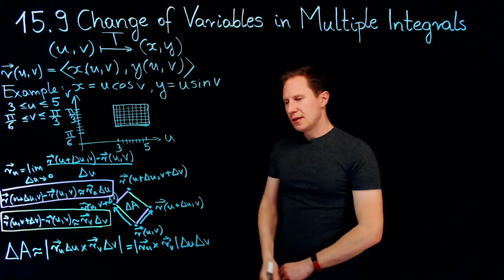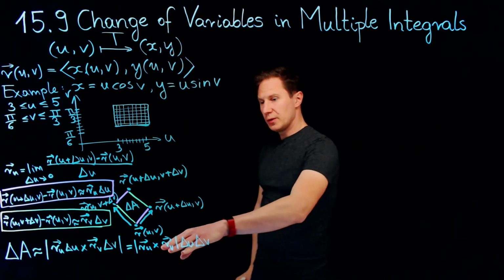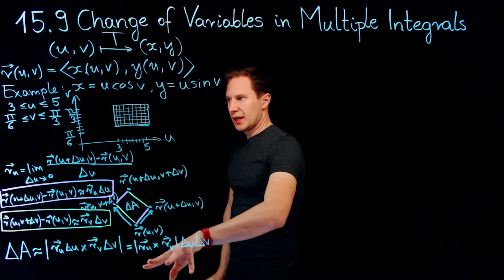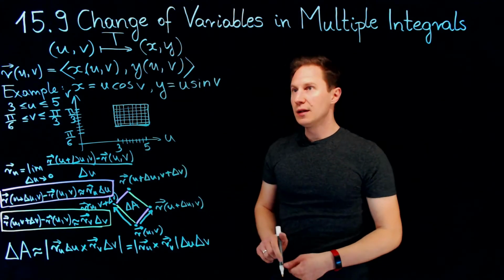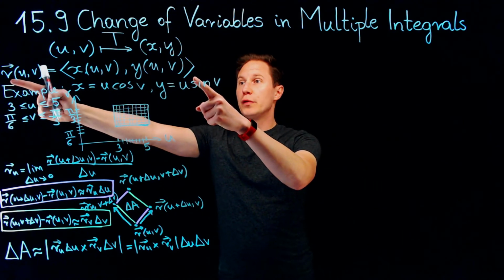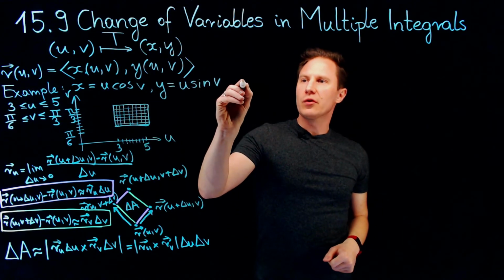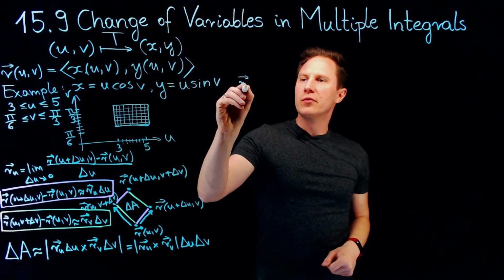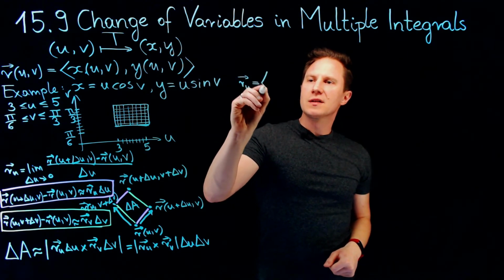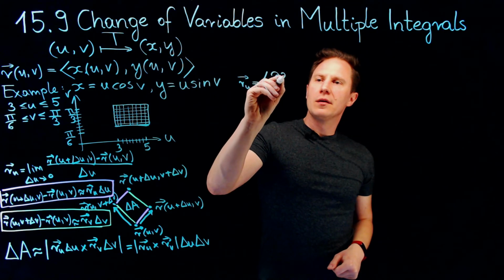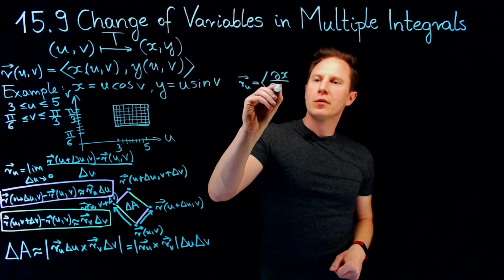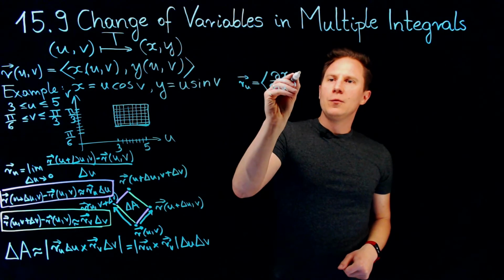So let's find the length of that cross product. For that we need these partial derivatives r sub u and r sub v. Remember, r(u, v) is this vector, so r sub u is really just dx over du and dy over du.